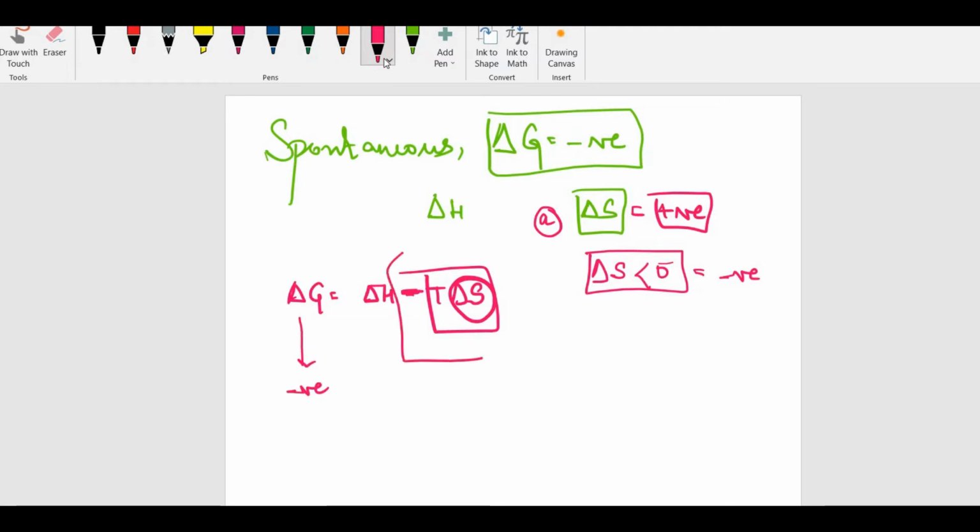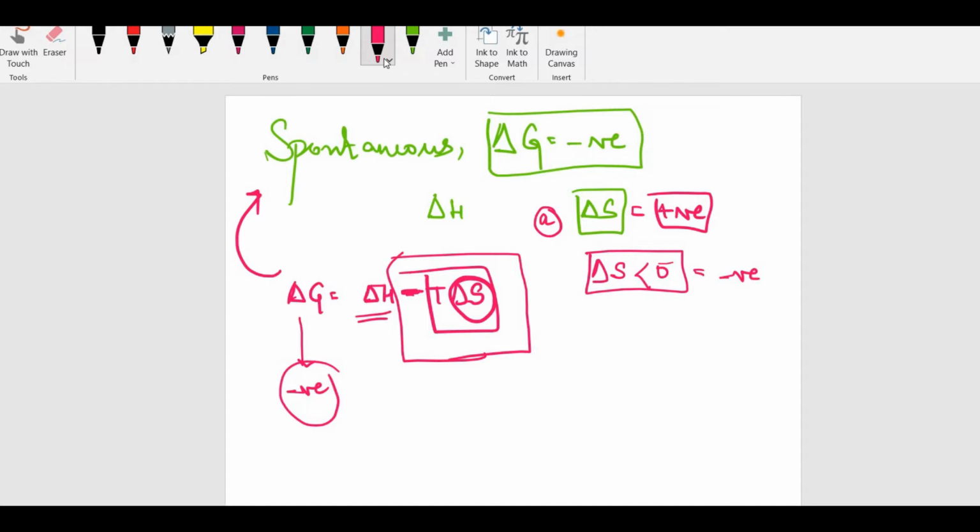This minus T delta S portion should be greater in magnitude than the value of delta H. Then only you will get a negative value, and then only we can conclude that the reaction is spontaneous. So delta H value should be much lesser than the value of T delta S, justifying our criteria.